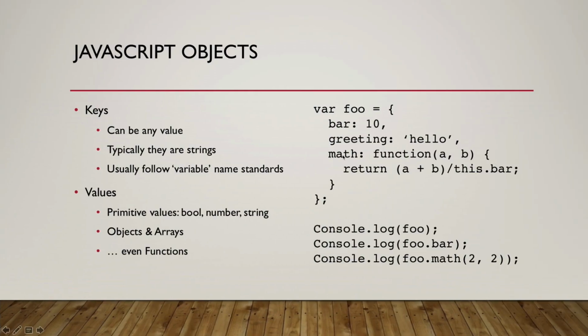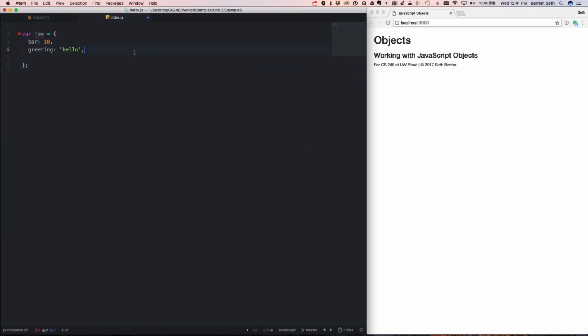Let's go ahead and put in this last one, which is a function. We're going to call it math, and it's basically going to do some math. I'm going to give this a space here. Math. And here's where things feel a little bit weird. You're going to put the name first. We don't put any parameter list on it or anything like that. We just then start typing what would normally be an anonymous inline function, like you've seen before. So we say function a comma b, and then we give it a body.